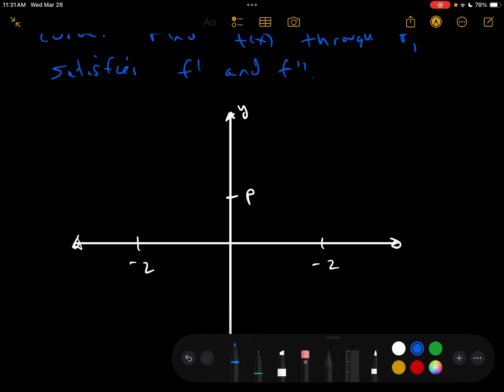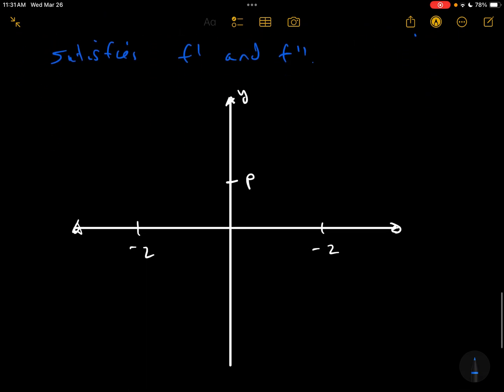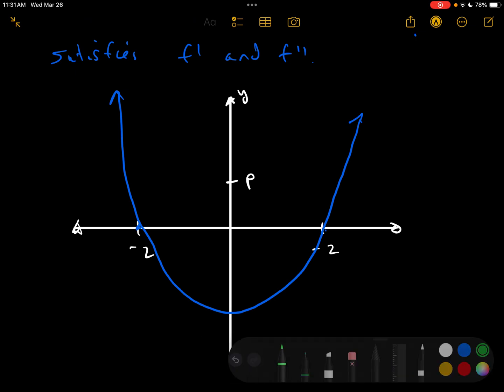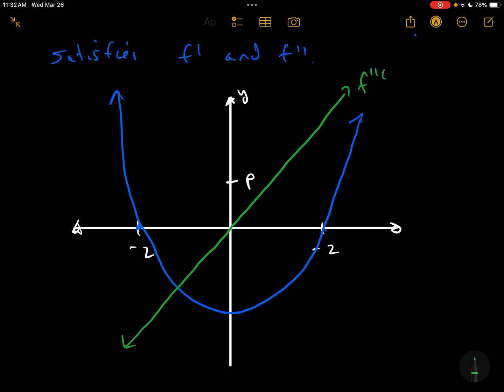Okay, so the blue function is f prime of x, and it goes through minus 2 and 2. The green function is f double prime of x.